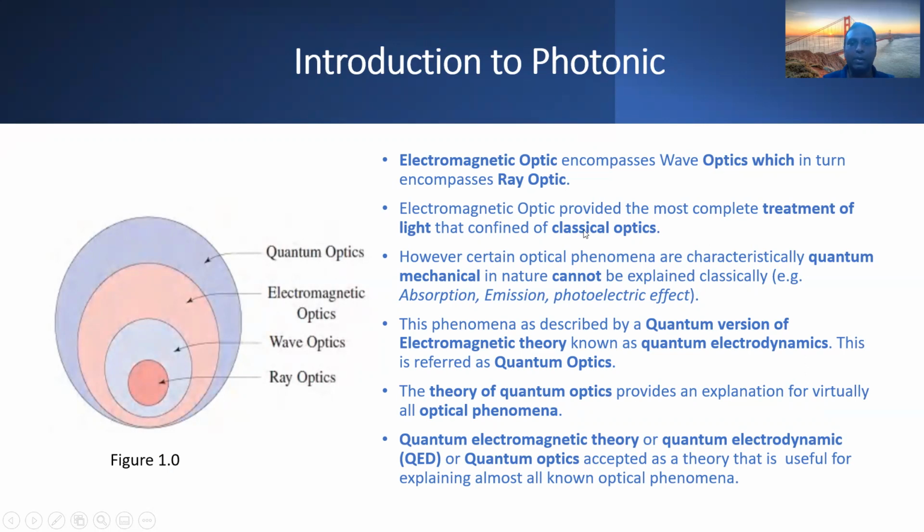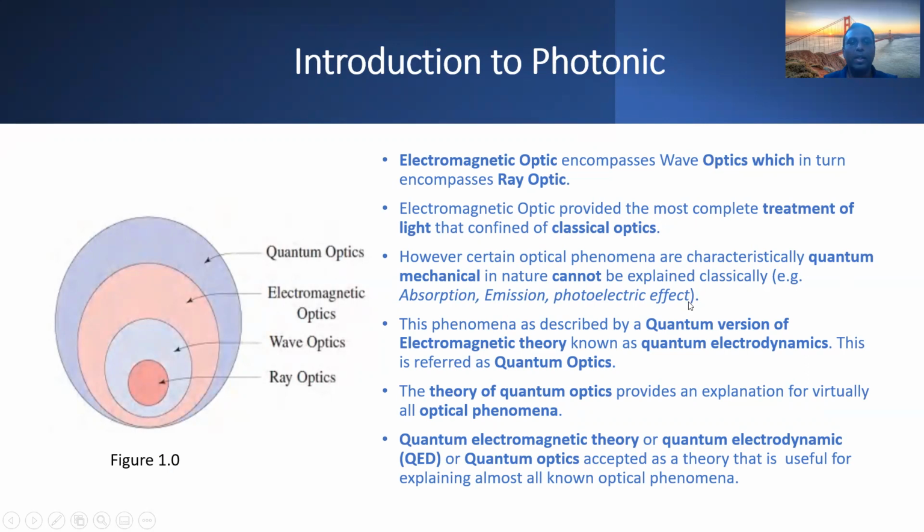Electromagnetic optics provides the most complete treatment of light that is confined to classical optics. However, certain optical phenomena are characteristically quantum mechanical in nature and cannot be explained classically, for example absorption, emission, and the photoelectric effect.